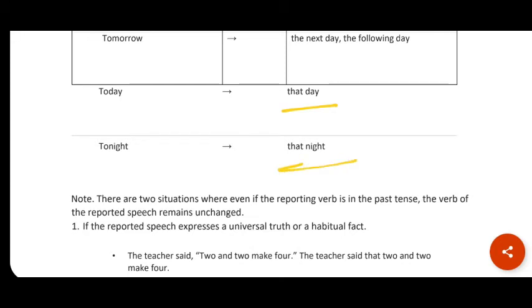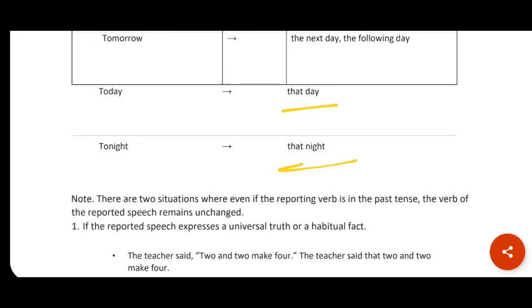So now there are two situations where even if the reporting verb is in the past tense, the verb of the reported speech remains unchanged. Now earlier I said that when the reporting verb is in past, the tense of the reported speech changes to its corresponding past.